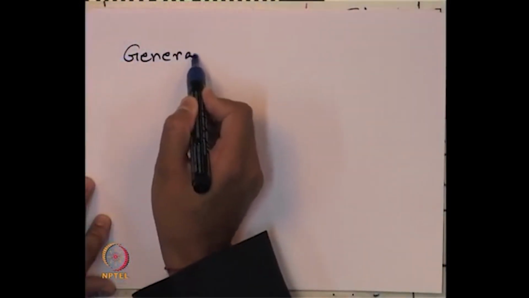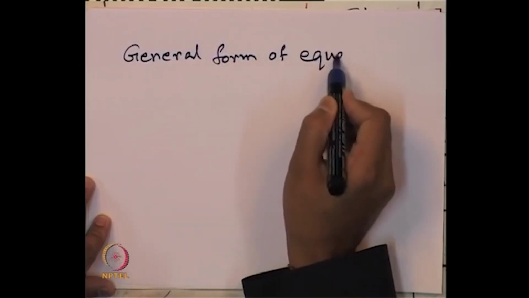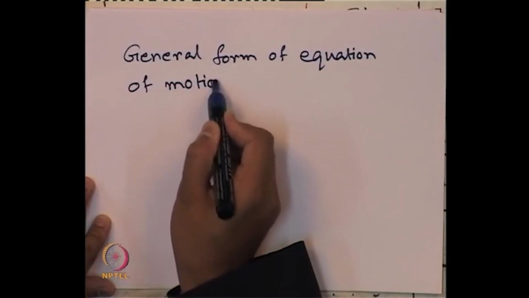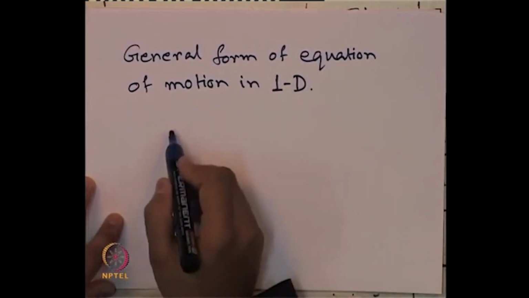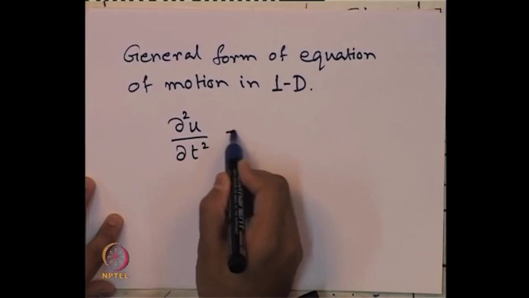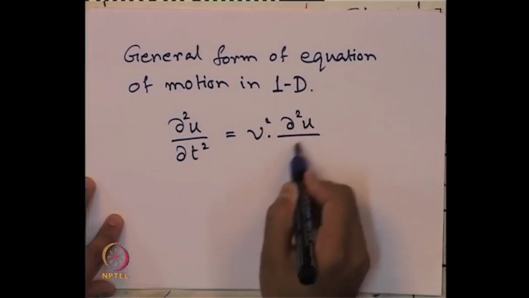Now, if I combine the longitudinal wave and the torsional wave, how can we write this form of equation? If I write down the general form of the equation of motion in one dimension, in 1D, it is del 2 u by del t square equals v square times del 2 u by del x square.